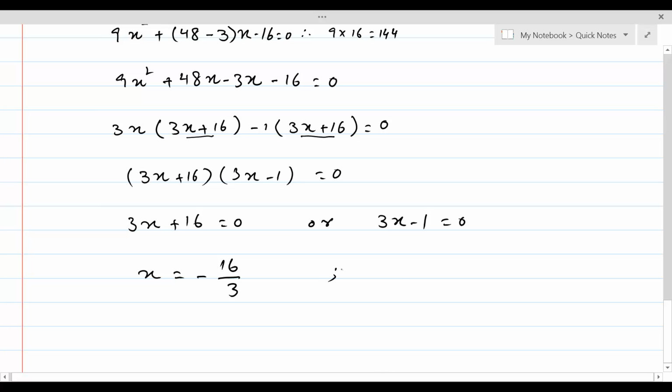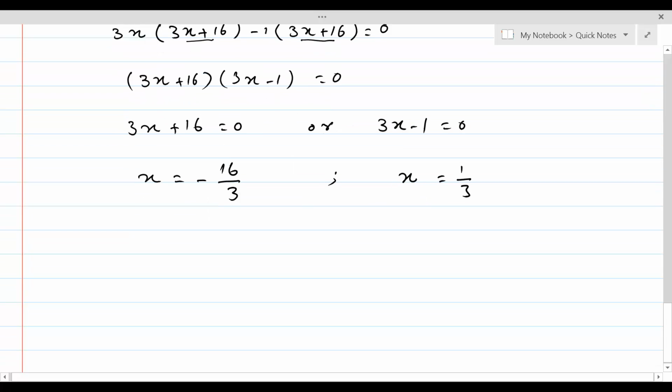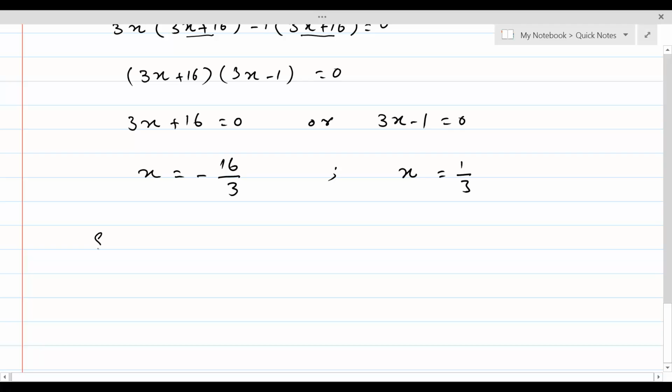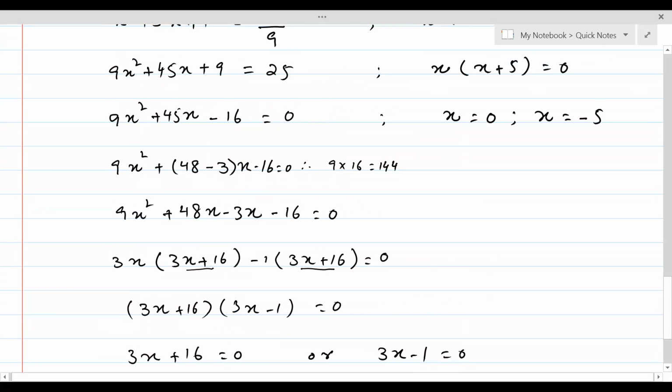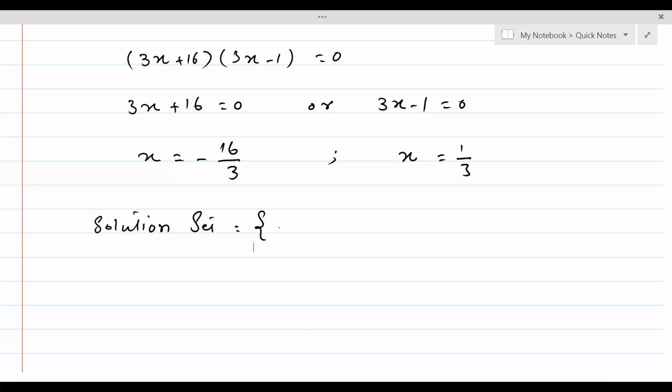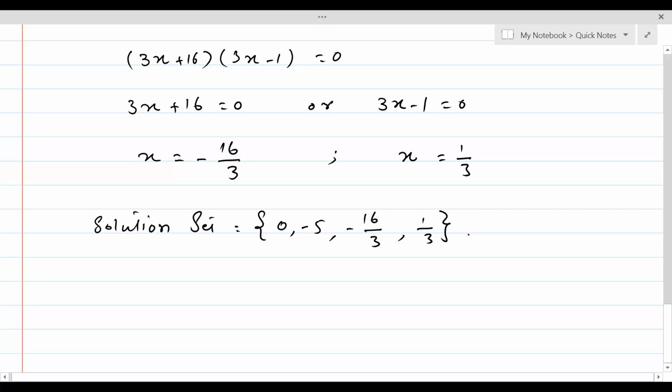And if this part was equal to 0, then x is equal to 1 over 3. So the solution set for this kind of radical equation is 0, minus 5, minus 16 over 3 and 1 over 3. So that's how we do solution of radical equations of the given form.